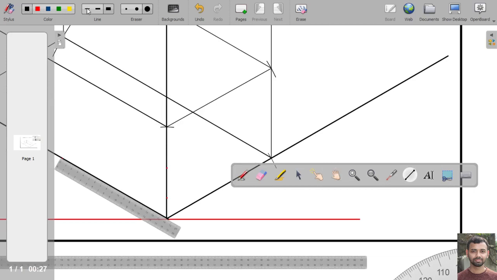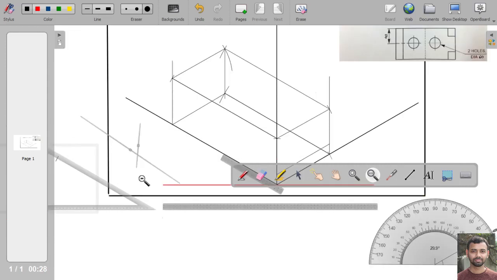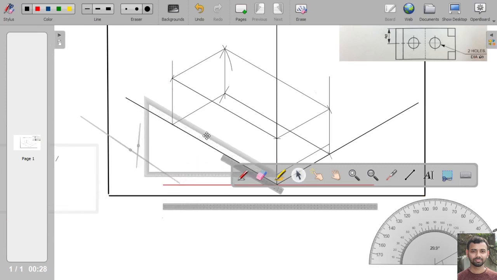So from this point, we will draw a line, and this line will also be 30-degree inclined. So we can take help of this set square.